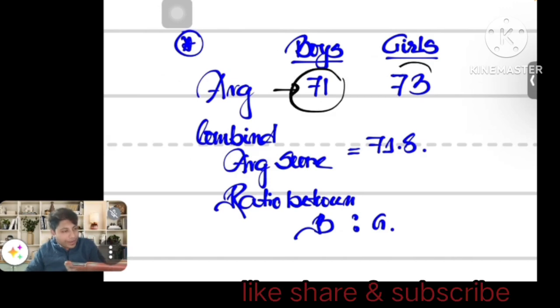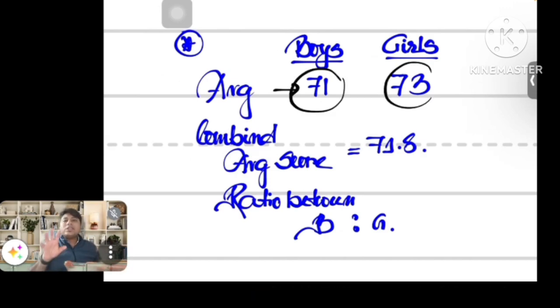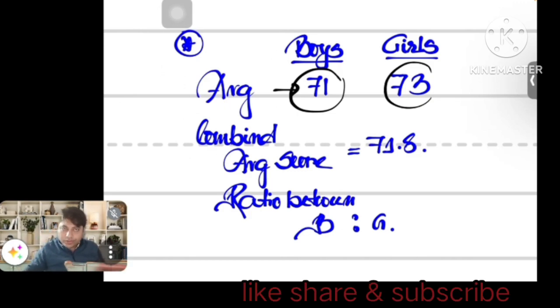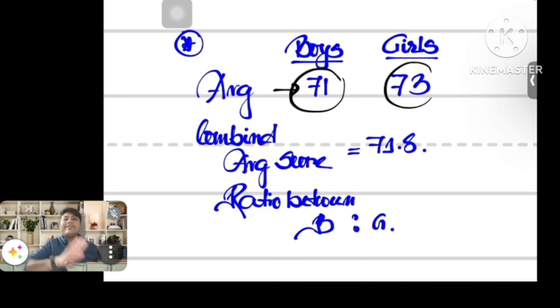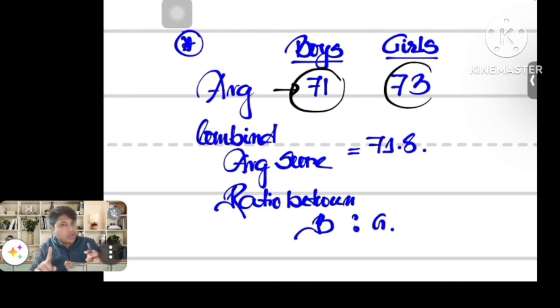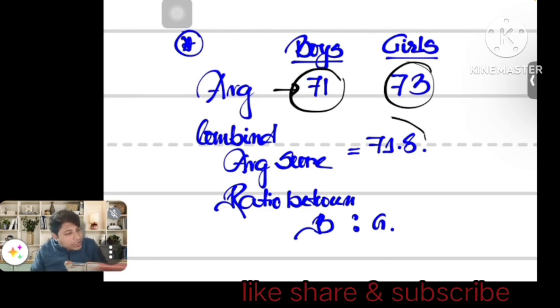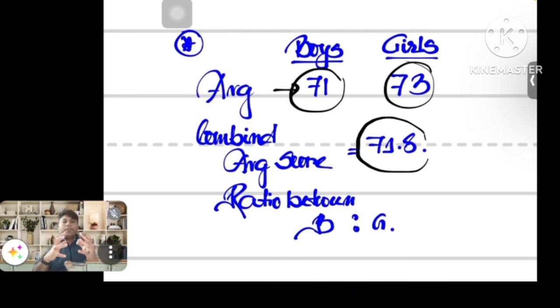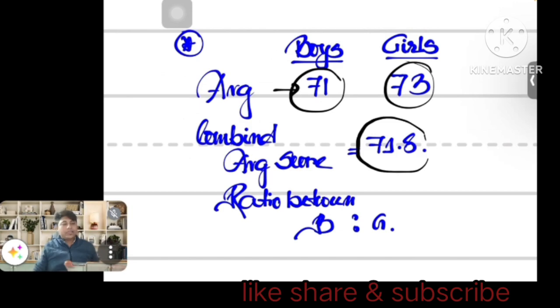Boys score 71 marks on average, not individually, on average. Similarly, girls score 73 marks on average. Okay, progressing India. Girls are doing better. Very good. And also one thing is given, their combined score is 71.8. Once you mix their scores, you will get 71.8.